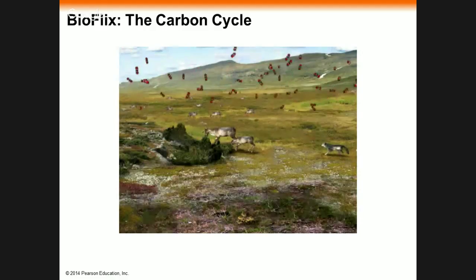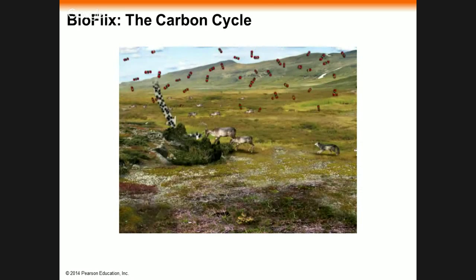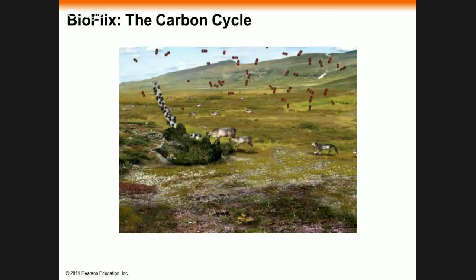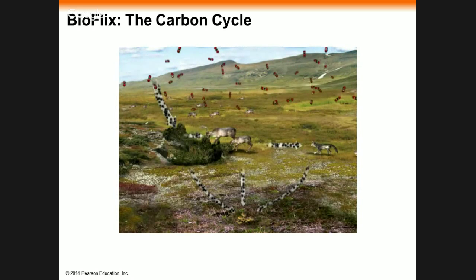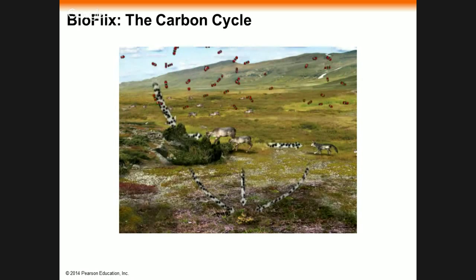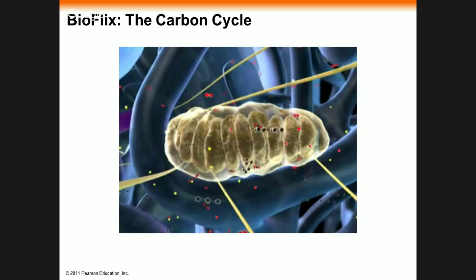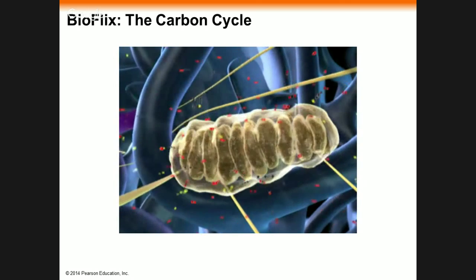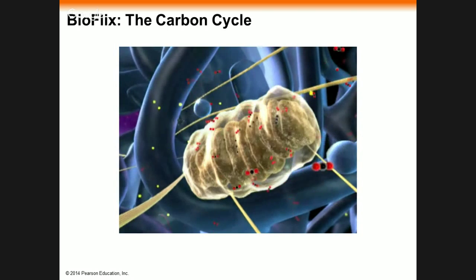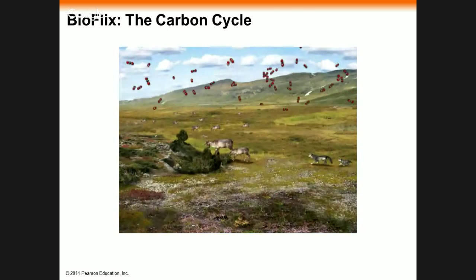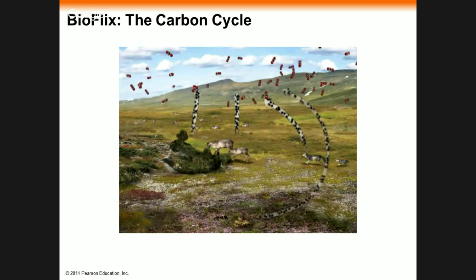We have now seen how carbon moves from carbon dioxide to producers, to primary consumers, to higher level consumers, and to decomposers. How does carbon get back to the atmosphere? During cellular respiration, carbon-containing molecules are broken down and ATP is made. Carbon dioxide is released as a byproduct and returns to the atmosphere by producers, consumers, and decomposers.